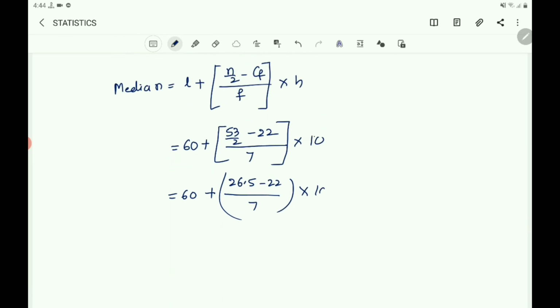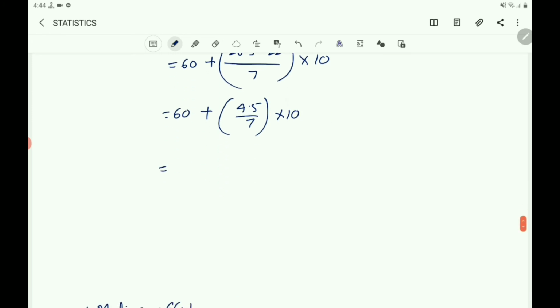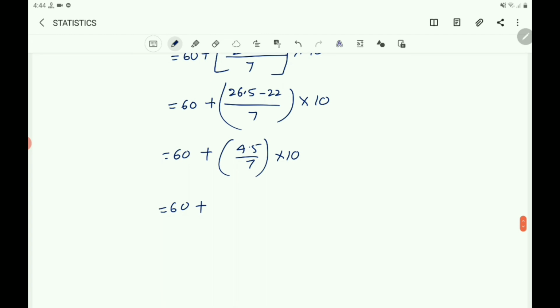Then that equals 60 plus 26.5 minus 22 is 4.5 by 7 into 10. That equals 60 plus 4.5 into 10 is 45 by 7.